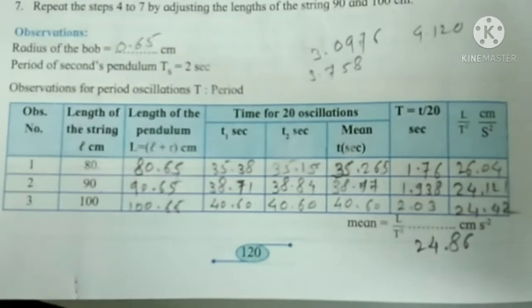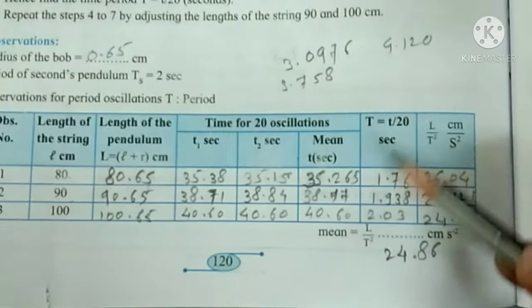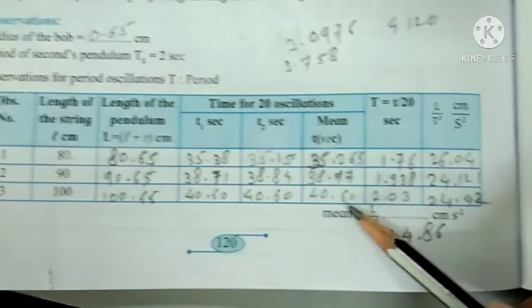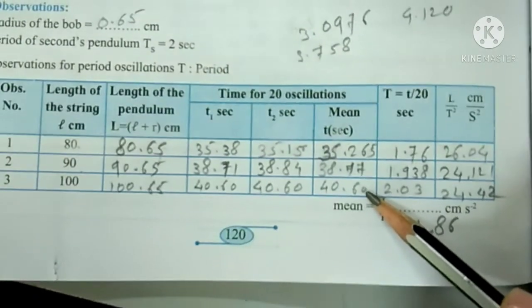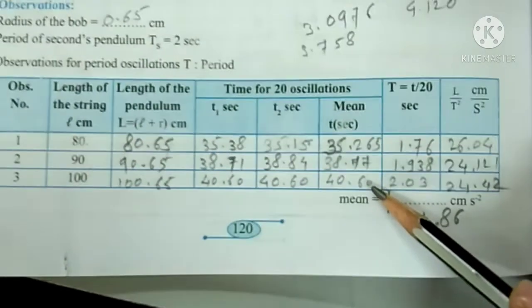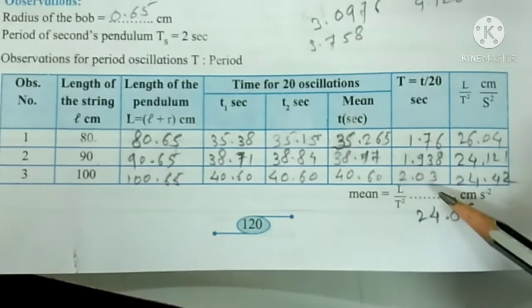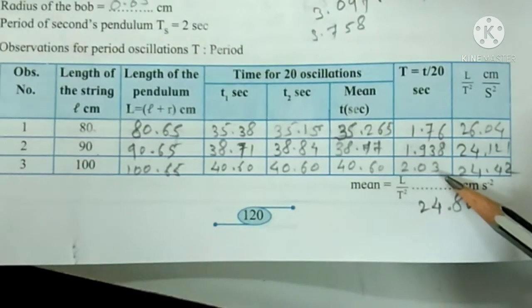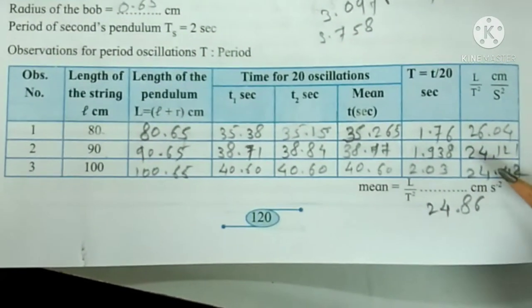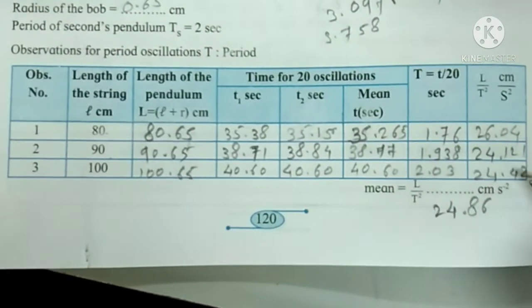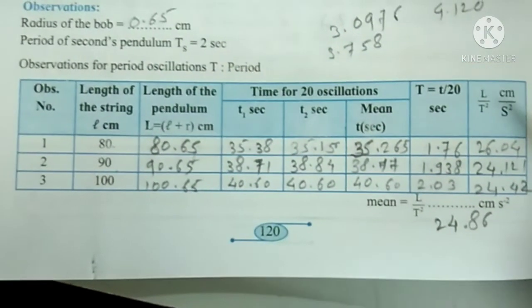See student, the calculation of this one is the last reading. Mean time for 20 oscillations is 40.60, so the time period is 2.03, and the ratio of L upon T square is 24.42. Here we get the three readings.